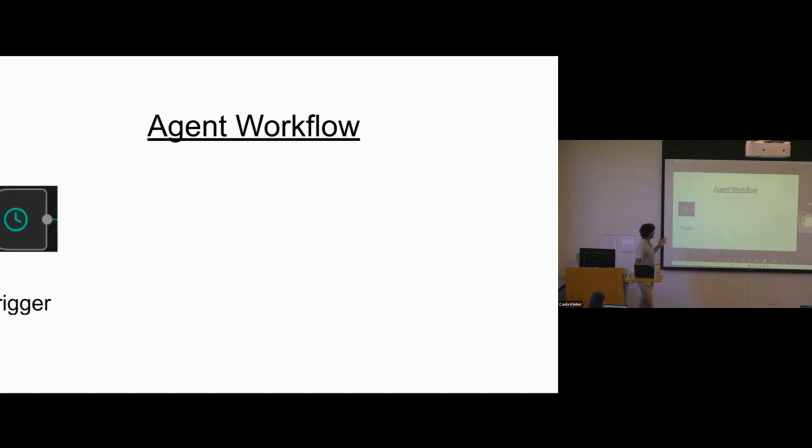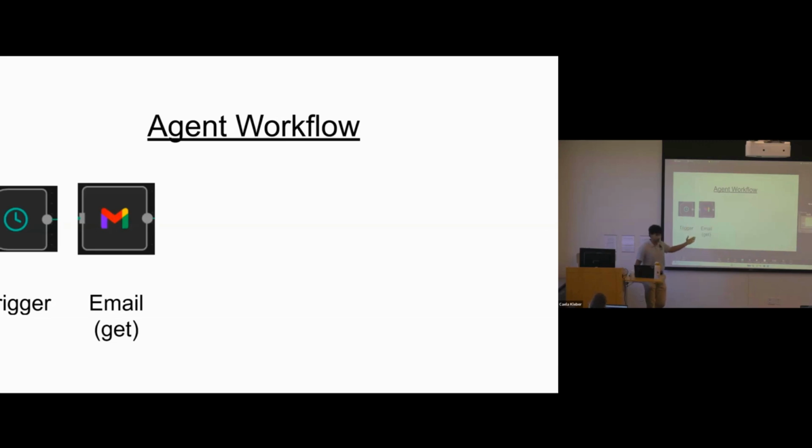So to break that down, the first step is the trigger. This is the thing to start the workflow. What we're going to do is a time trigger. Essentially, let's say I read all of my emails at 10 a.m. I'm going to want this workflow to trigger at 8 a.m. so that it can triage all of my emails before I actually go and work on them. Next, we have the email tool, and that's going to get your emails.